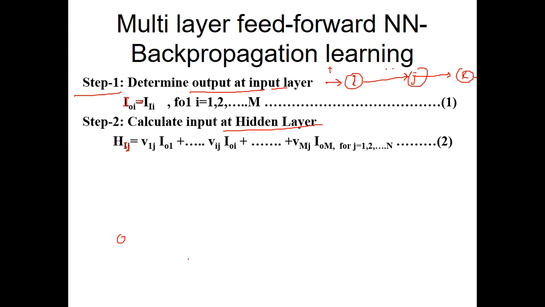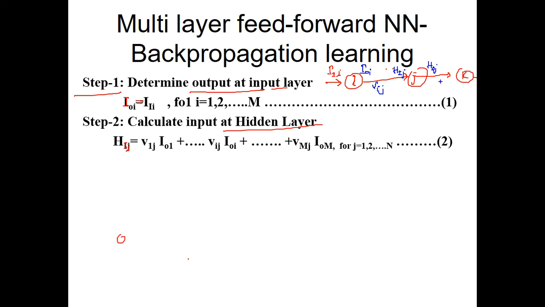So first we computed IOI. Here it is Vij. Here you compute Hij. Now we have to compute Hoj.